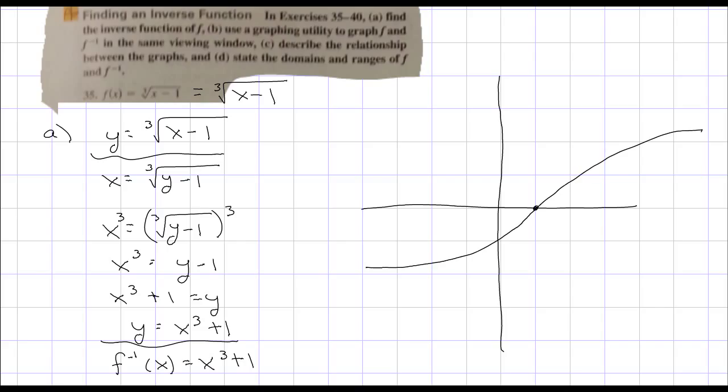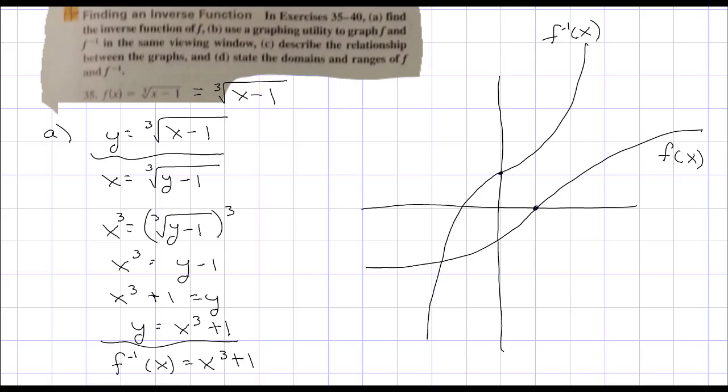And if you graph the inverse function, it should look something like that. So this is the original function f of x, and this one is f inverse.